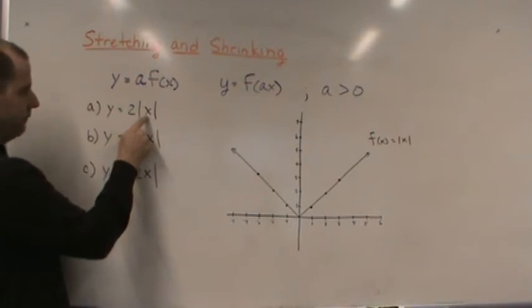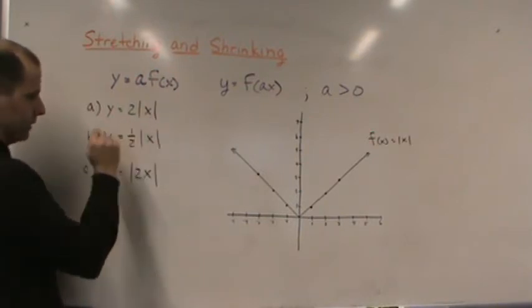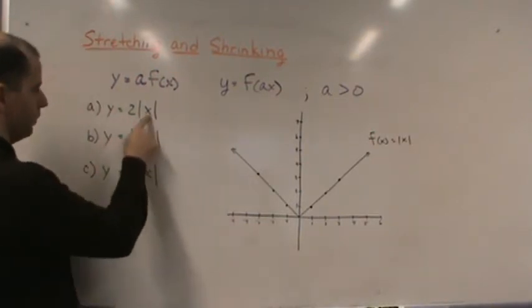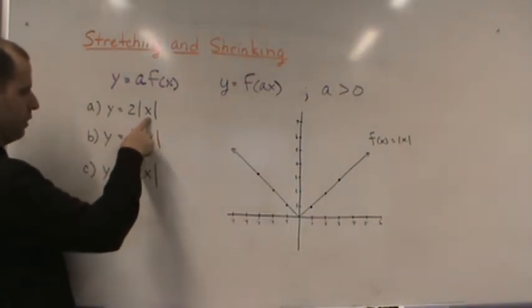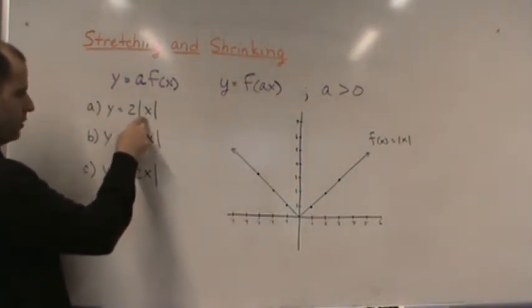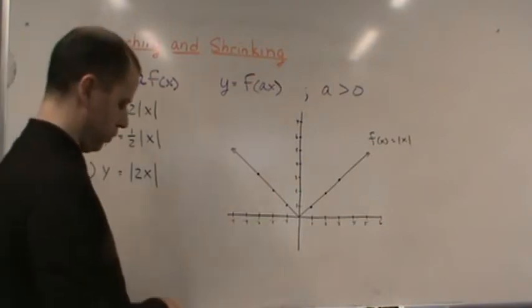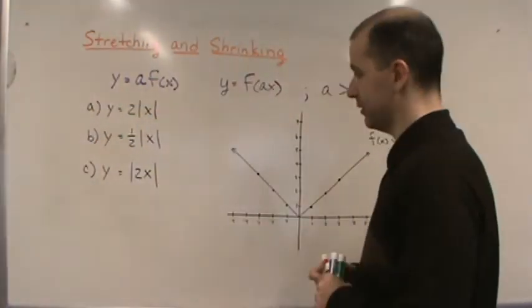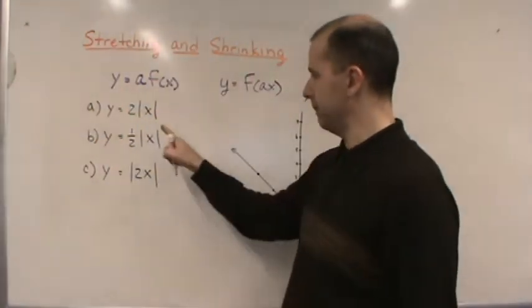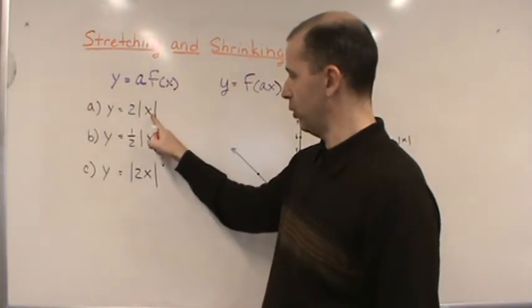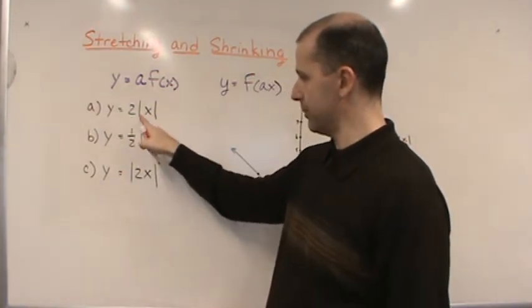If I plug in values of x, let's start with 0. The absolute value of 0 is 0, so that's just 2 times 0. Let's plot some of these. What if I put in 1? The absolute value of 1 is 1, and 2 times 1 is 2.